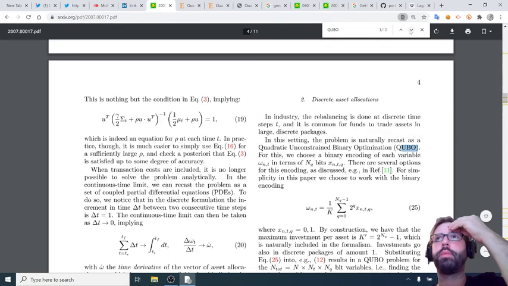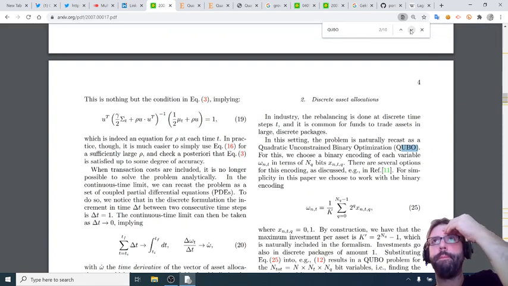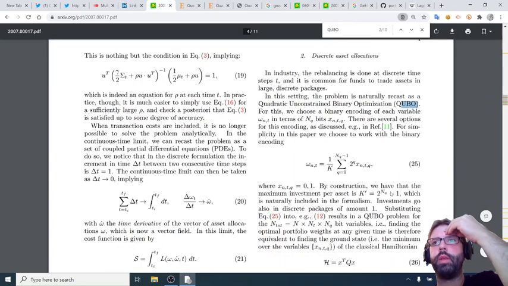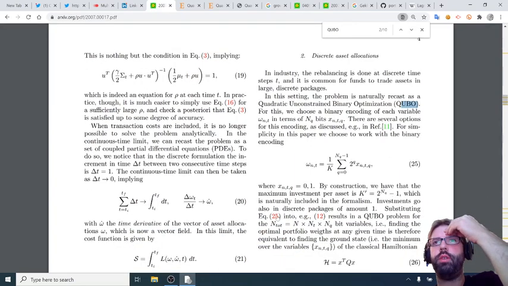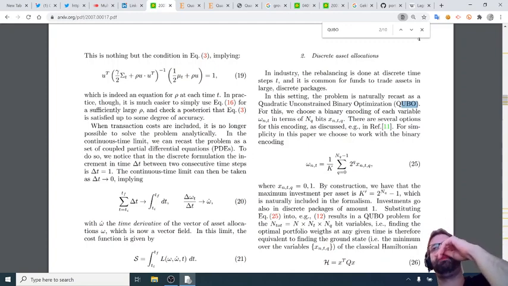QUBO. Substituting equation 25 into equation 12 results in a QUBO problem for the N total, N times Nt times Nq.